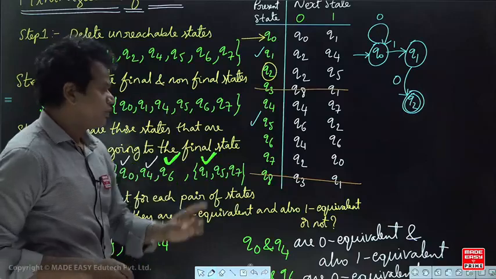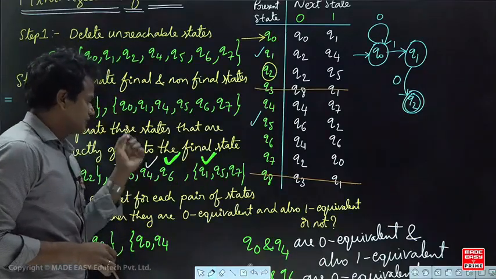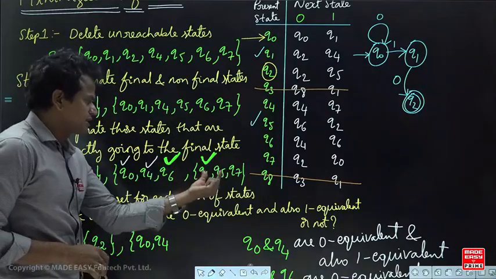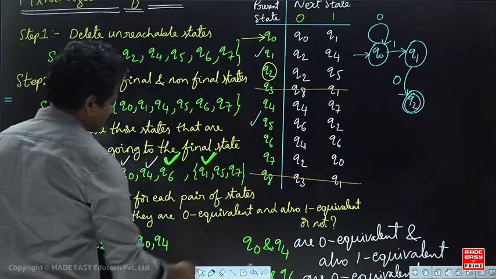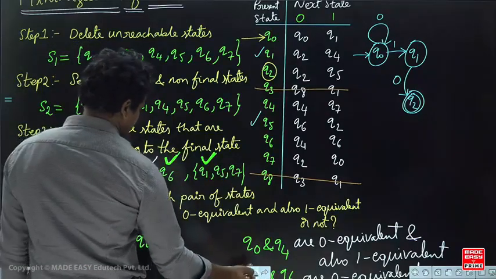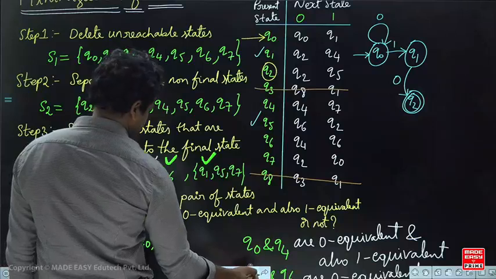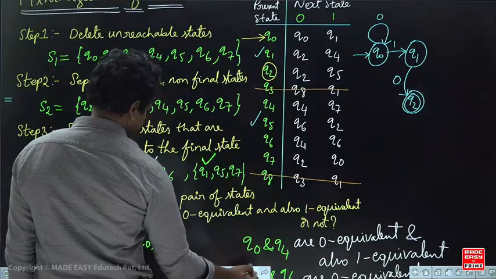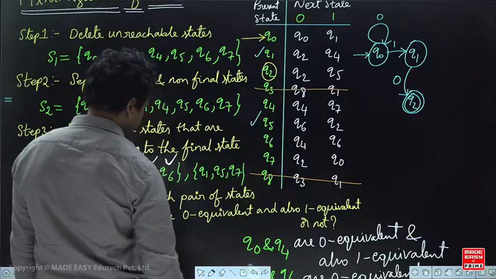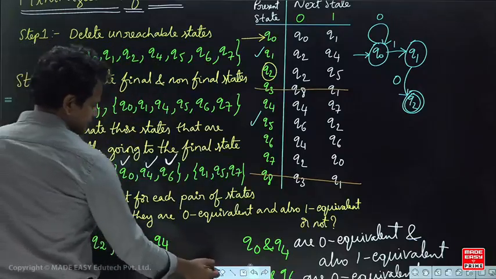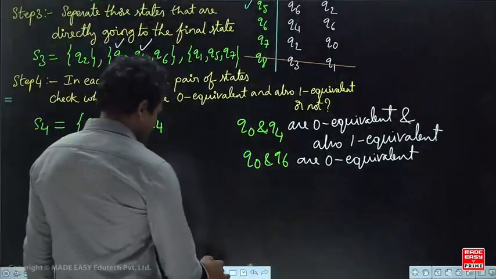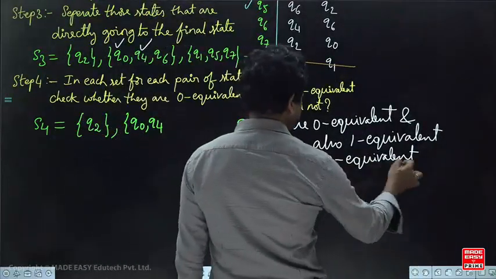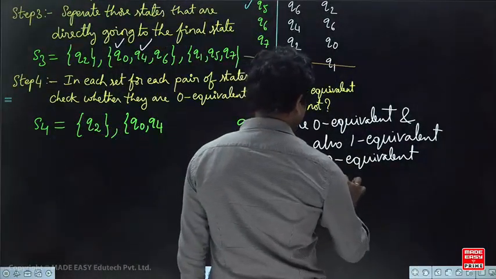Why not 1 equivalent? For input 1, for Q0, one output is here. For input 1 for Q6, the other output is here. So one is here, the other one is in a different place. So you cannot keep Q1, Q6 in the same set, because Q0 and Q6 are 0 equivalent but not 1 equivalent.